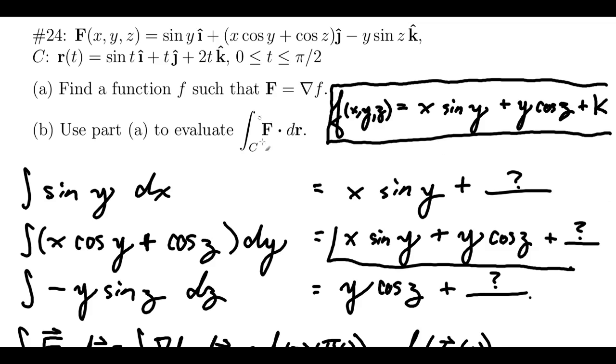Evaluating this line integral directly is a little bit of work. It's reasonable, it's doable. You can do it in a page of handwriting, it doesn't take long, but it's annoying. It is way more efficient to find this potential function, like I said, especially if we can do so rather quickly. If you can quickly find a potential function and then use the fundamental theorem for line integrals, you get a result way faster.